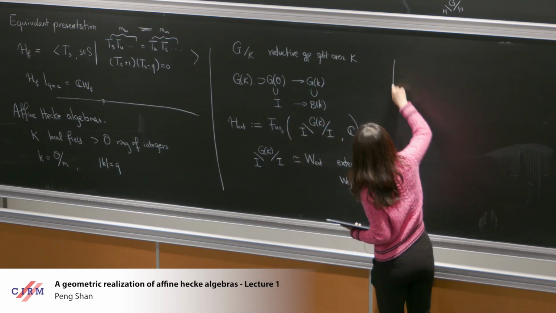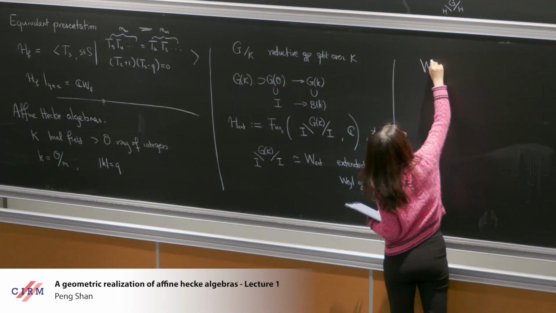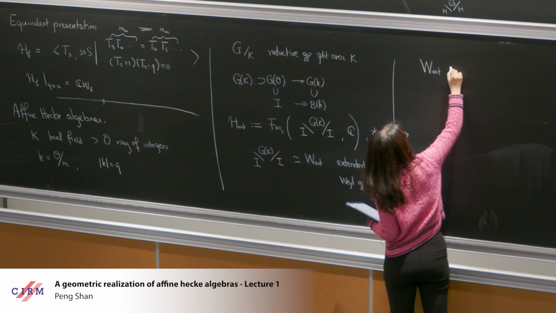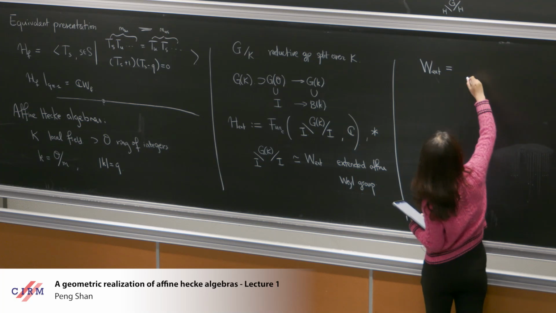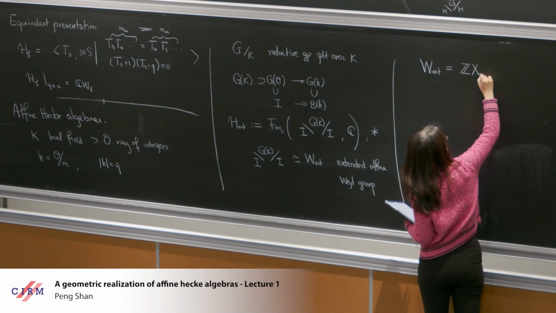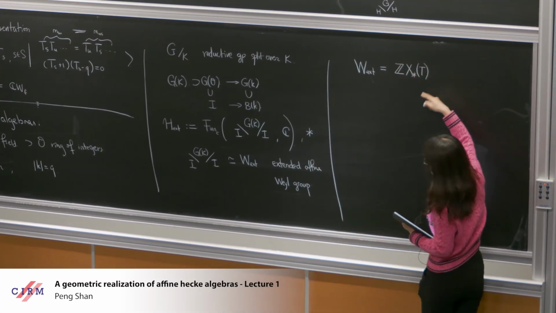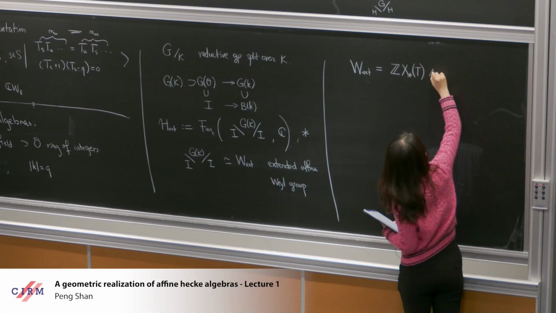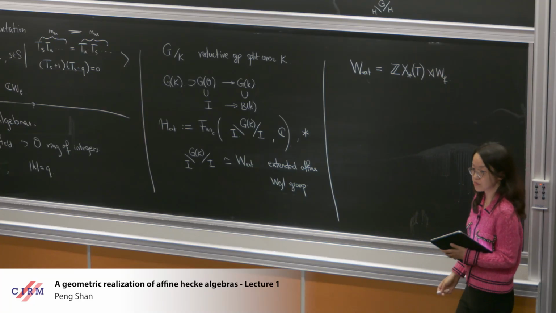What is the structure of this group? It has two parts. First of all, it has all the cocharacters of your torus T, and then it has the usual finite Weyl group inside it.